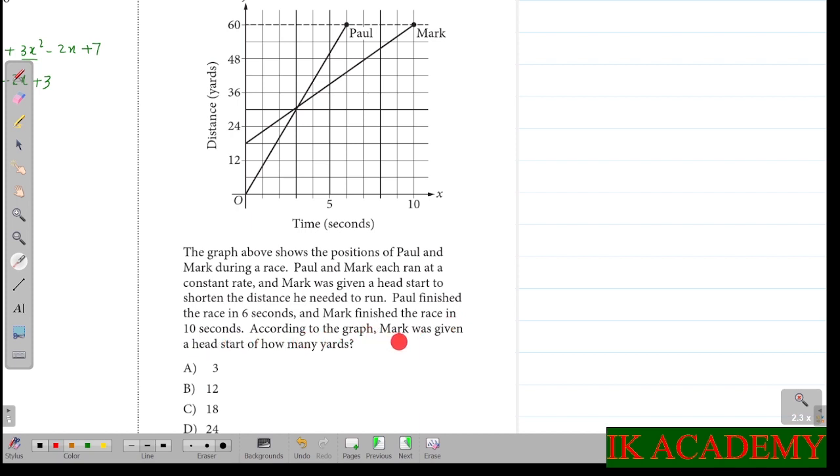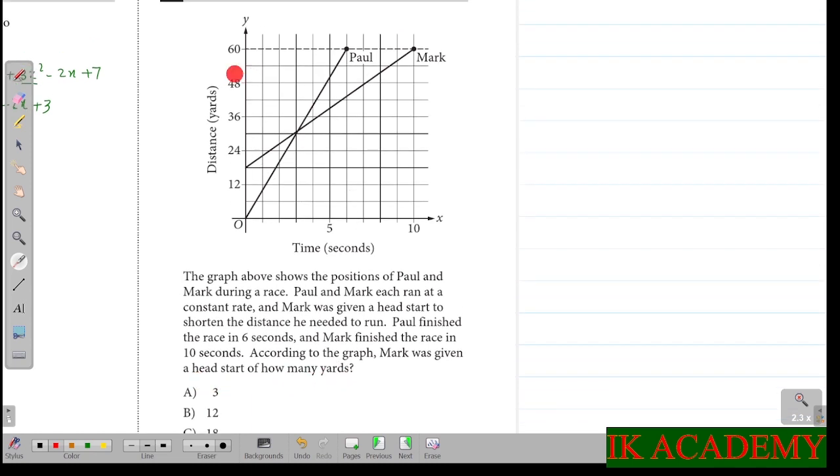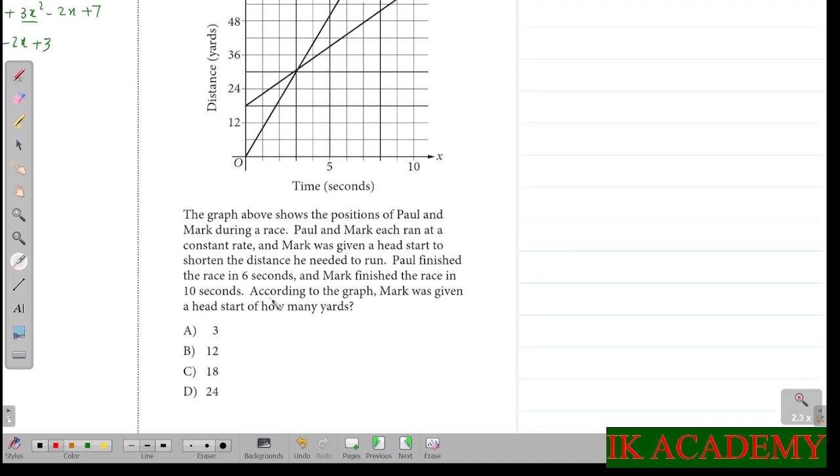According to the graph, Mark was given a head start of how many yards? On the y-axis the distance is given in yards, and on the x-axis the time is given in seconds.